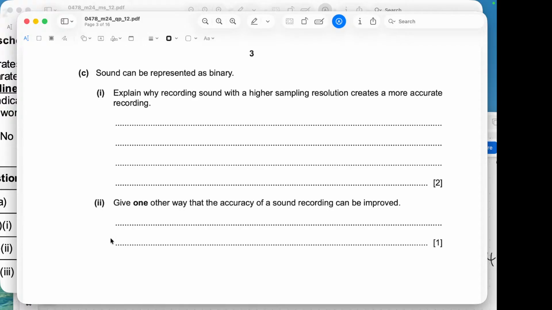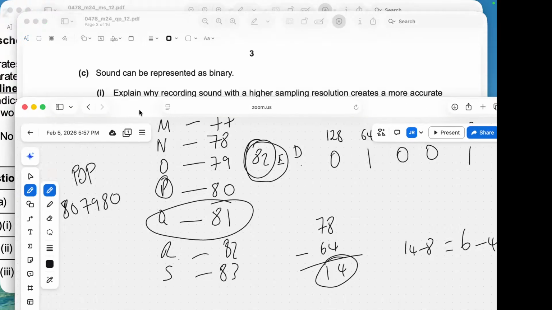So to answer this question, we're thinking about what happens when we turn that sound into a binary store.